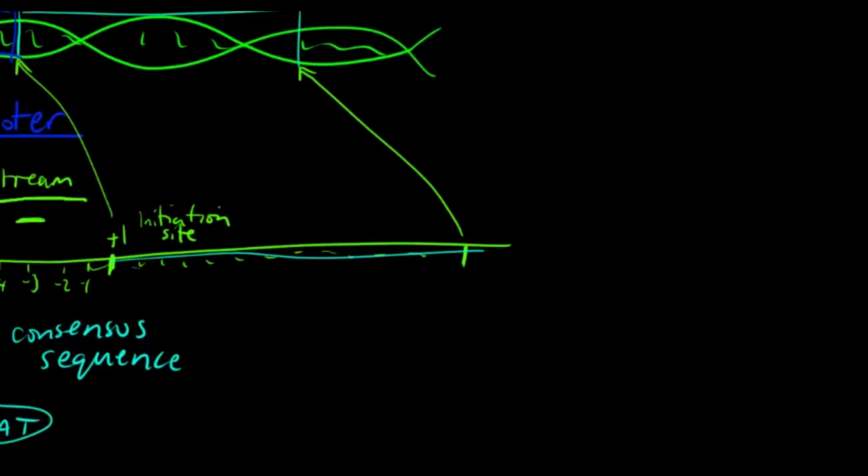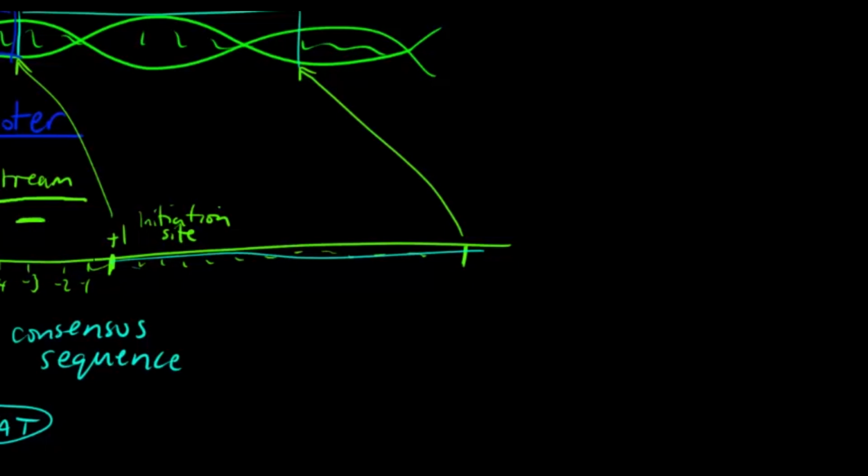It's fairly standard across almost all prokaryotic species. This -35 sequence can vary slightly, but as long as there is something here, the -35 region and the -10 region, then the polymerase will bind.